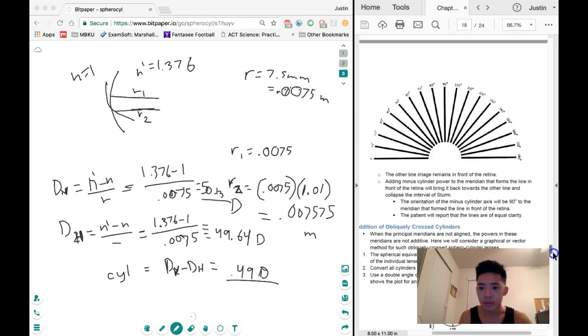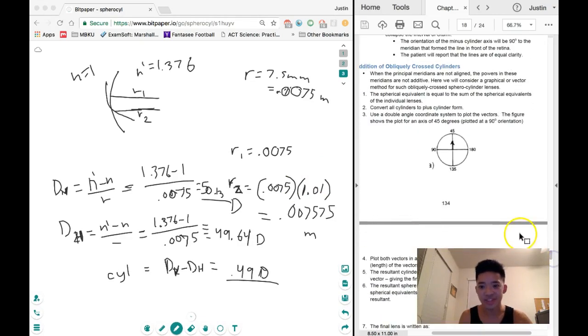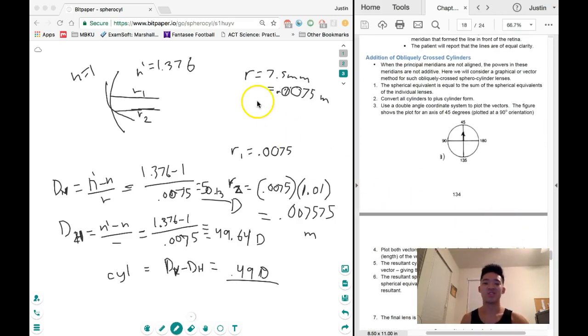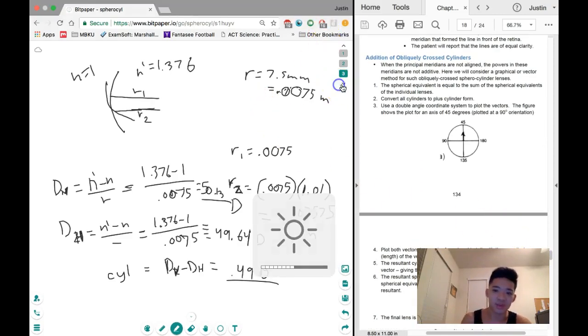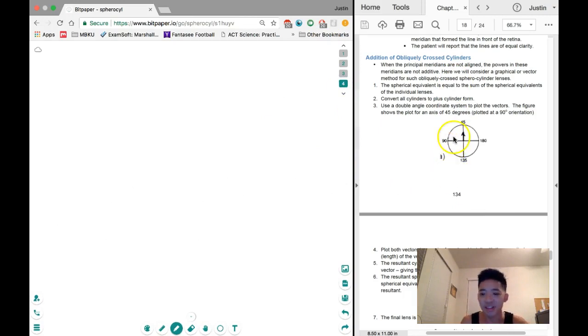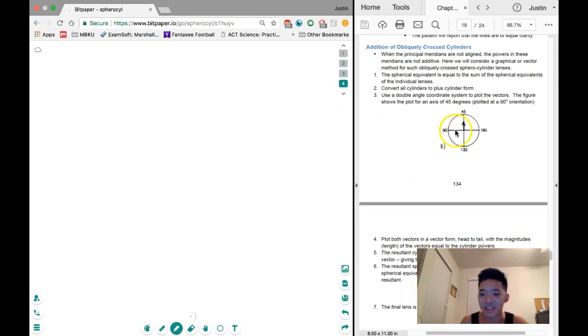Moving on to this last section. This is definitely one of the trickiest. I haven't used it since I learned it last year, but it's about adding cylinder, or spherocylinder, or toric surface lenses when the principal meridians aren't the same.